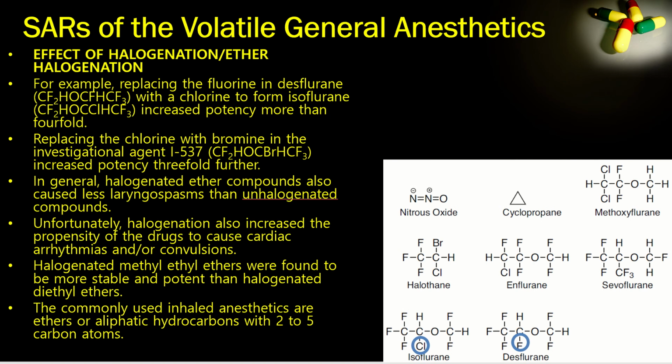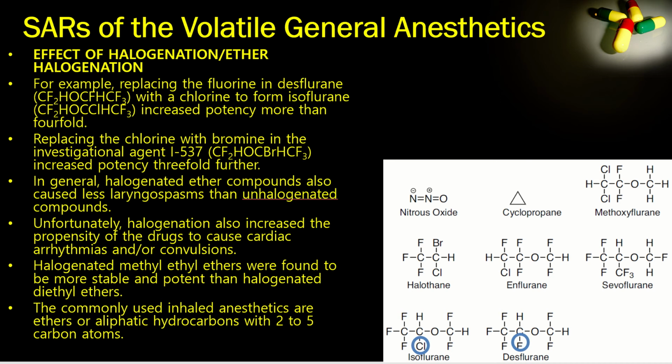And so, for example, replacing the fluorine with chlorine, as I said before, to form isoflurane increased the potency more than fourfold, right? So just changing an element from fluorine to chlorine, an element of higher mass, increased the potency by 4.